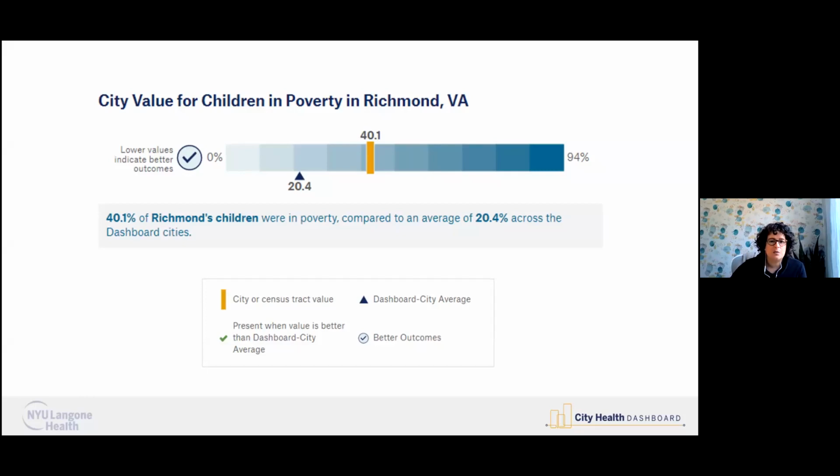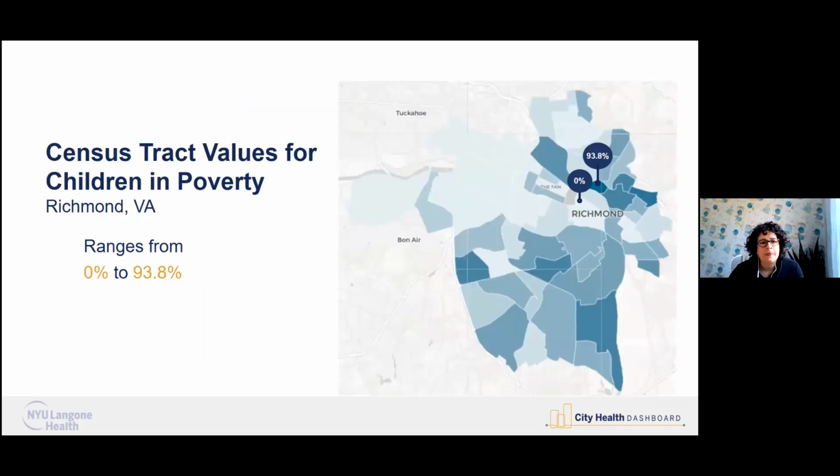We also provide that as what we call a sense-making statement, just helping the user make sense quickly of the data they're seeing and put it into a familiar sentence format so that they can read the data in words. It's funny, I have a 3rd grader, and so much of what they're learning in math in 3rd grade is being able to read the numbers out of a sentence-based story. And then some other symbols show which direction is better outcomes, since that varies by measure, and again we carry that throughout the site.